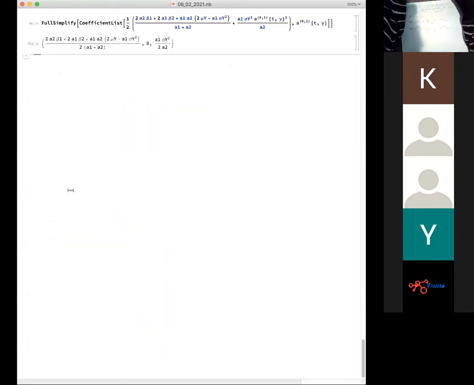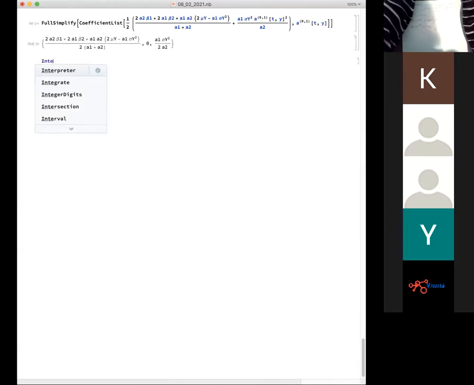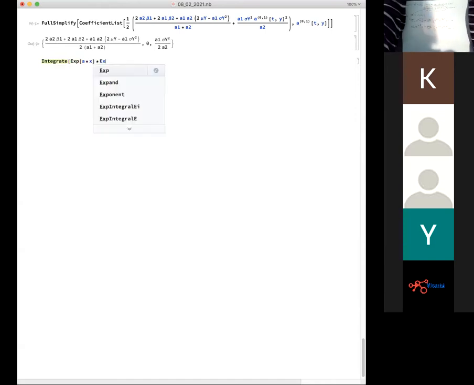So if one were to integrate, the thing that we're talking about was exponential of a times x times the density. This was exponential of minus x squared divided by 2, everything divided by square root of 2 pi.